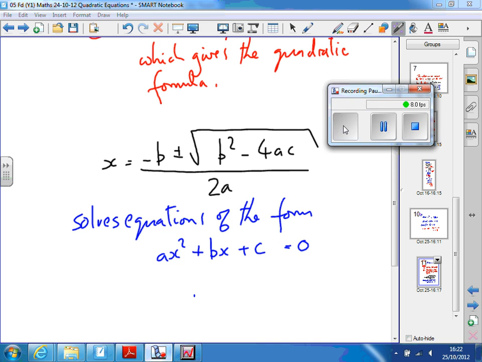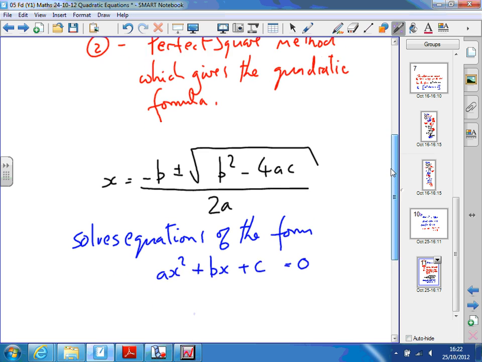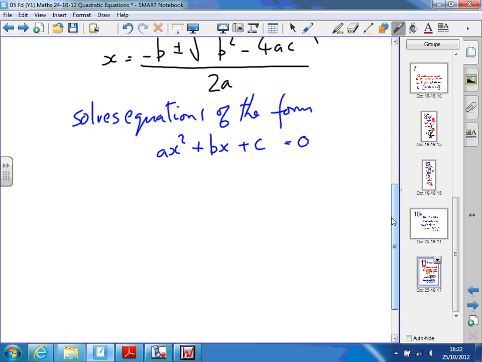The beauty of this quadratic formula is if you get it in the form like this and you've made the right-hand side 0, then all you've got to do is plug the numbers into the formula and type them into the calculator. Job done. There's no thought involved, you've just got to put the numbers into the formula.